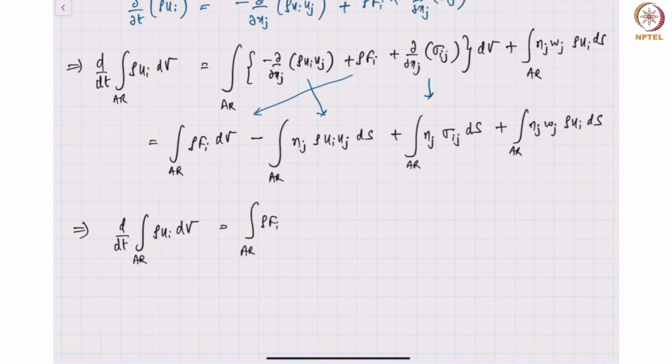The body force term, which is a volume integral. I can combine the second and the third terms on the right hand side. Second and the fourth term on the right hand side, sorry.